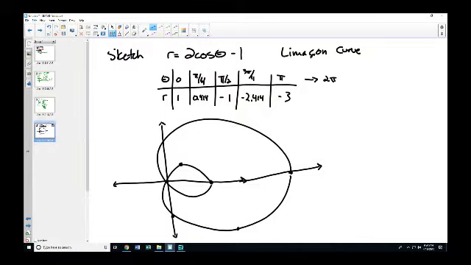Pretty weird, huh? So part of the challenge with polars is determining your intervals to graph. So 0 to 2 pi works here. But sometimes 0 to pi does the whole thing. And we will talk about that with areas, where it really comes into play. What's the farthest you have to go? Usually 2 pi units in some way, shape, or form.